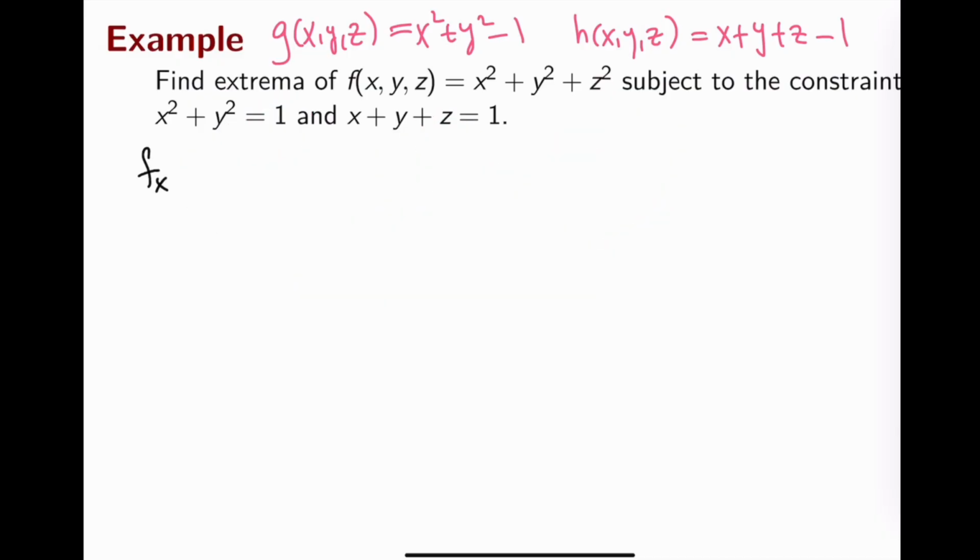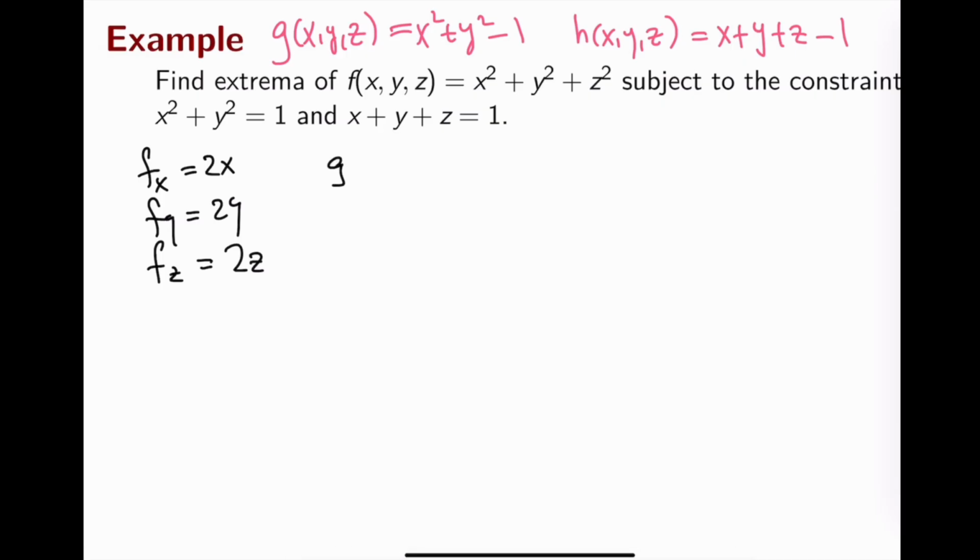The derivative of f respect to x, so the function f is this, the derivative respect to x is going to be 2x. The derivative respect to y is 2y, and the derivative respect to z is 2z. Let's go now at the function g, and let's do the same.